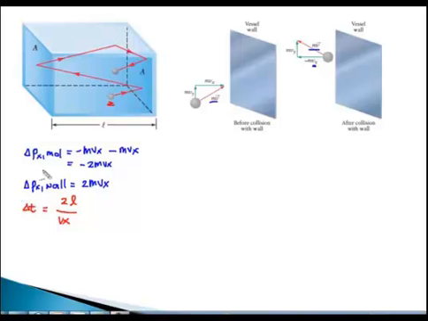Now we have to divide this momentum by this time, and you will see the reason why later. Delta p over delta t gives us 2mvx divided by 2L over vx. This simplifies into mvx squared divided by L. Now we have this ratio over here.